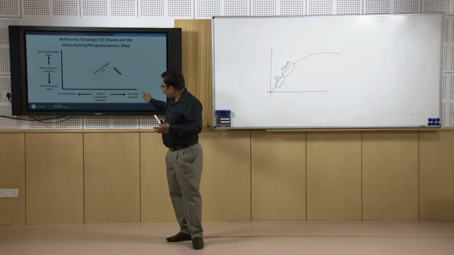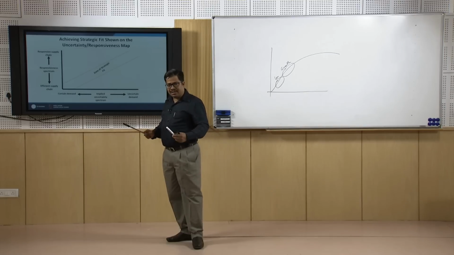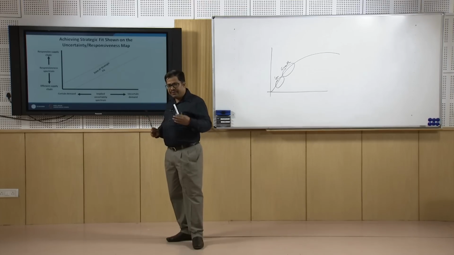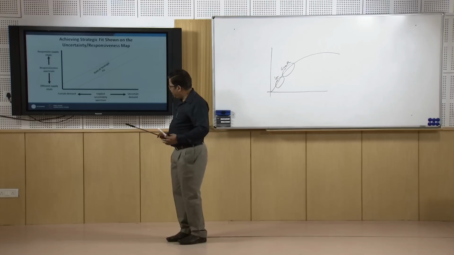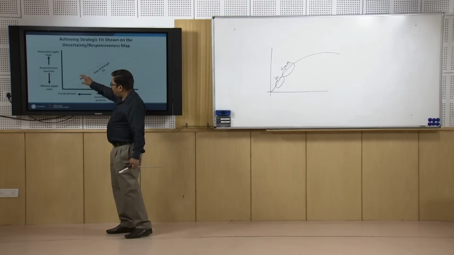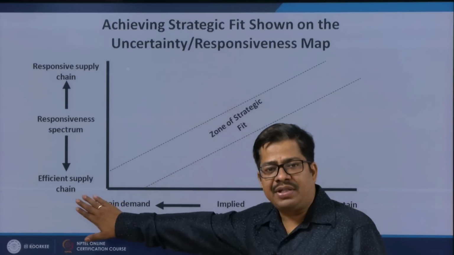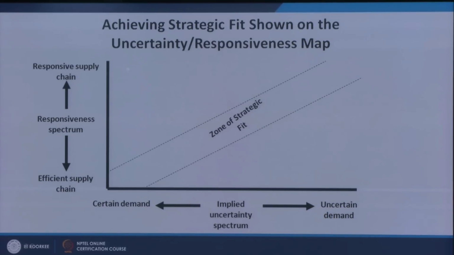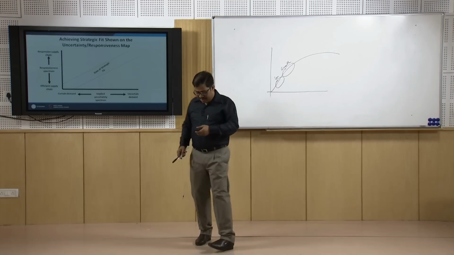So this particular point is to be emphasized clearly, boldly, that what is the objective of this particular zone of strategic fit, and if you are in this zone of strategic fit, it is going to give you clear advantage that you will always be having that type of supply chain capabilities which are required to answer different types of uncertainties in your supply chain.